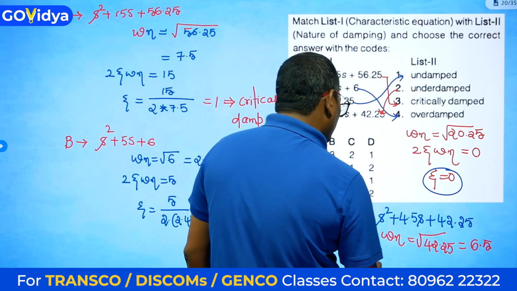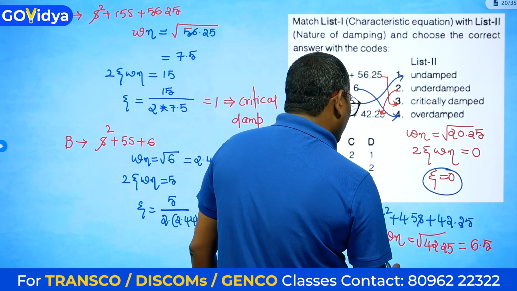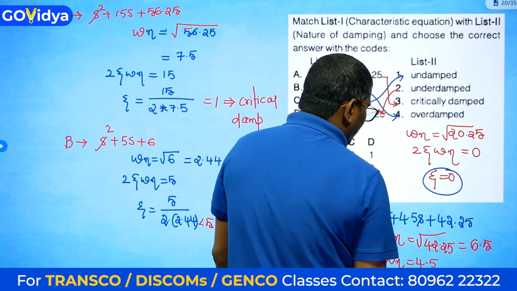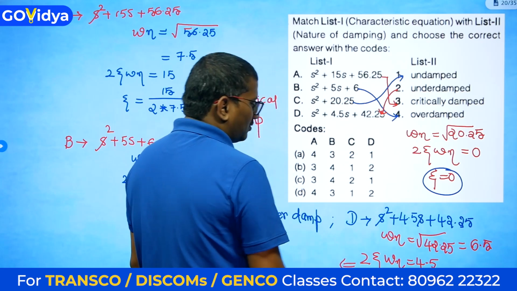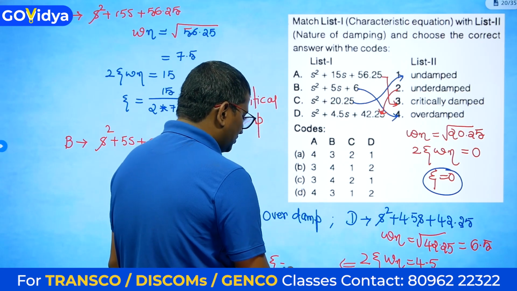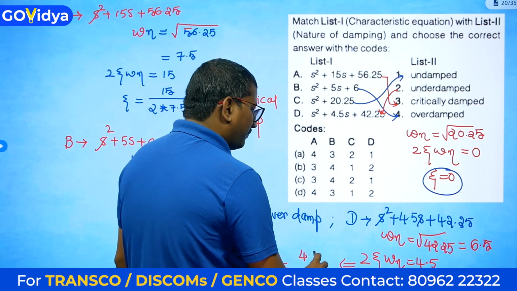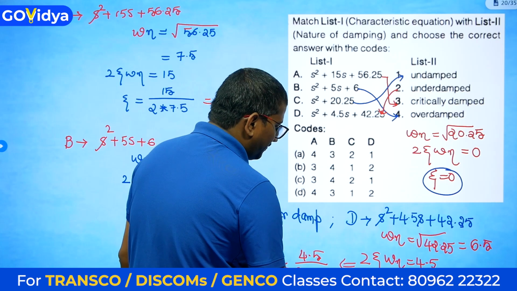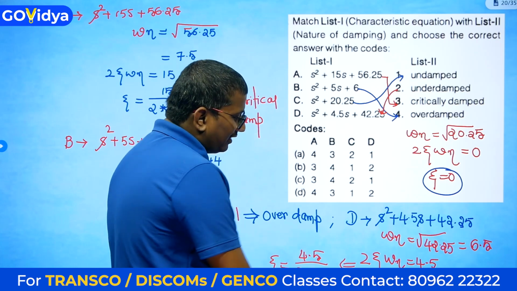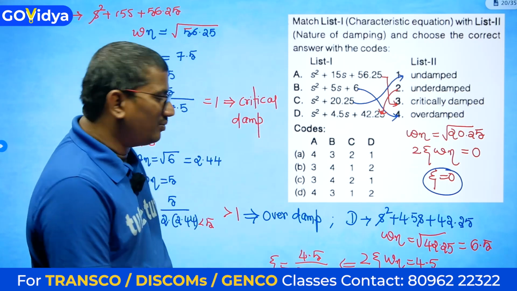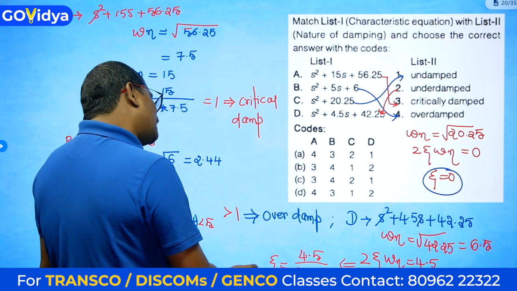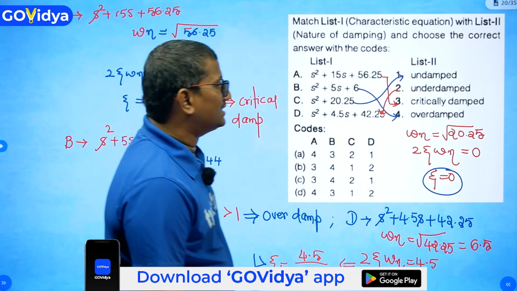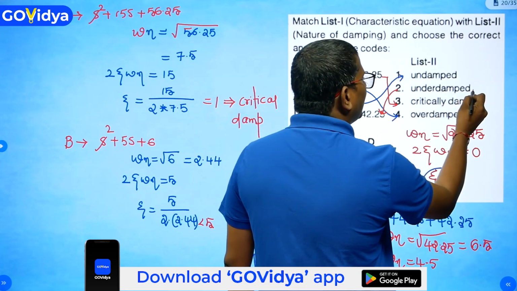Now you tell me 2 zeta omega n is equal to what? 4.5. From this, what is zeta? 4.5 divided by 2 into 6.5. So definitely the denominator value is 13. So obviously this ratio will always be less than 1. So less than 1 means obviously it is an underdamped system.